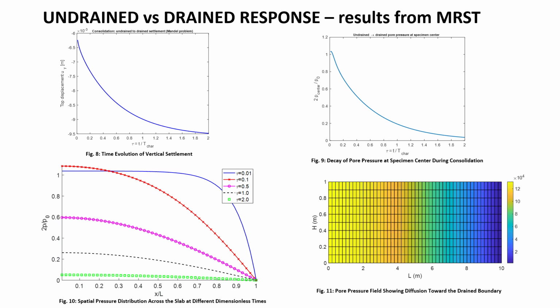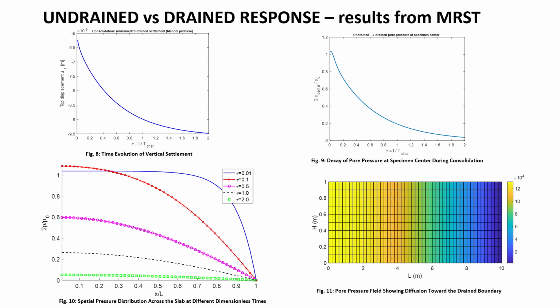Also, I'm showing here a 2D pressure contour snapshot, where on the x-axis, I'm showing the length ranging from 0 to 10 meters, and on the y-axis, the height, representing 0 to 1 meter. We also have a color bar which shows us the fluid pressure changes at different points in the slab.